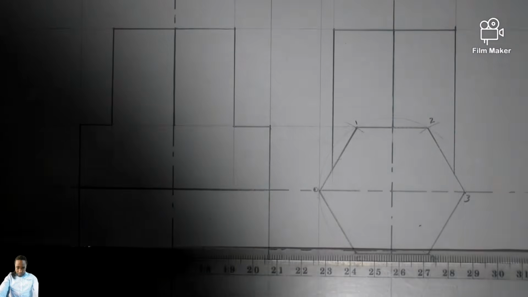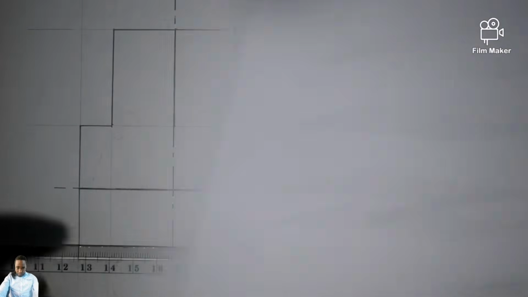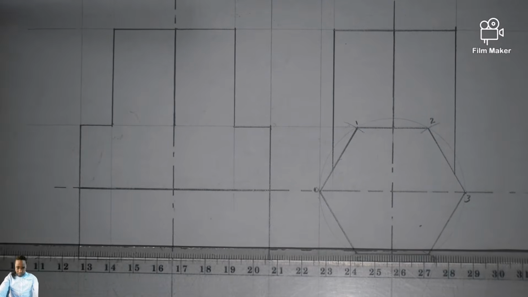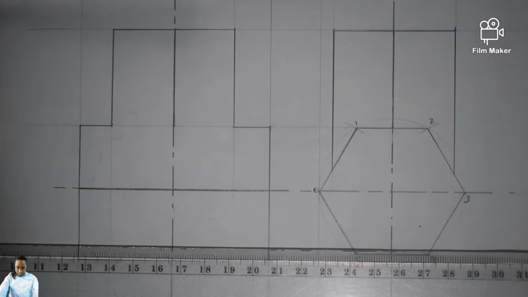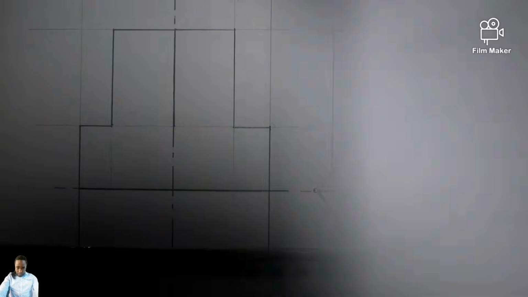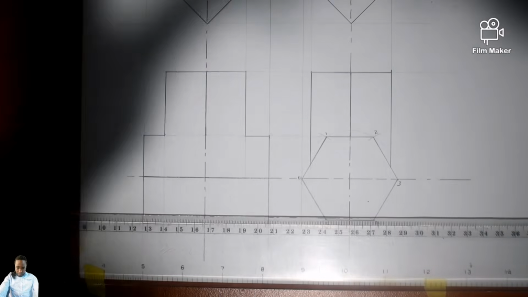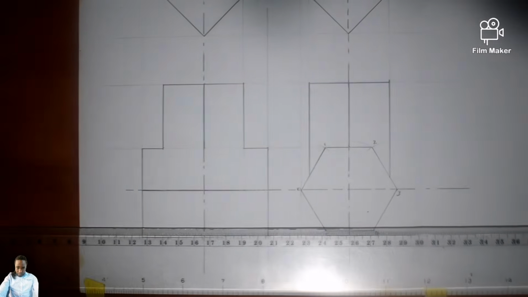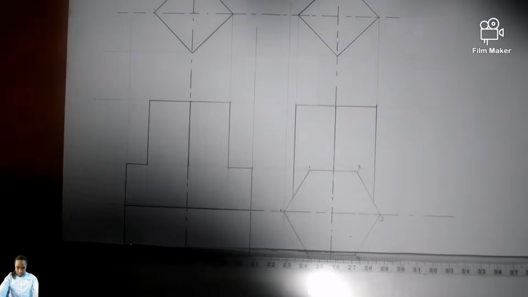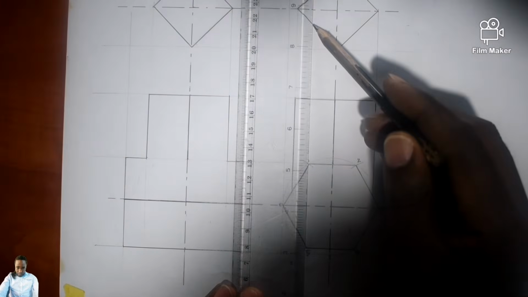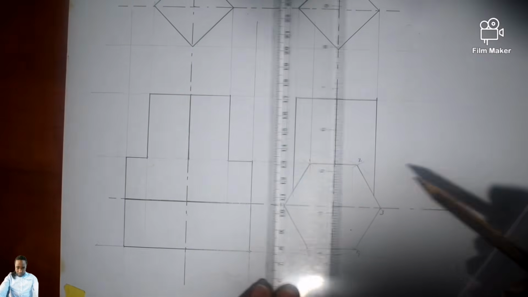So now let's take points 1 and 2 from the right view. Project them up until they touch your auxiliary right view, which is this one. So I'll project this point up. There you go.